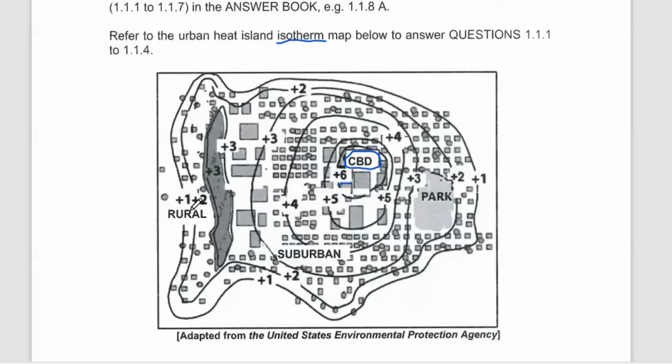In the surrounding rural areas, the farmlands, the isotherm reading is positive 2, and the outermost part is reading positive 1. So the isotherms range from a positive 1 on the outermost part of the built-up area, and closer to the built-up area the isotherm reading is positive 6. Right, let's go to our questions.